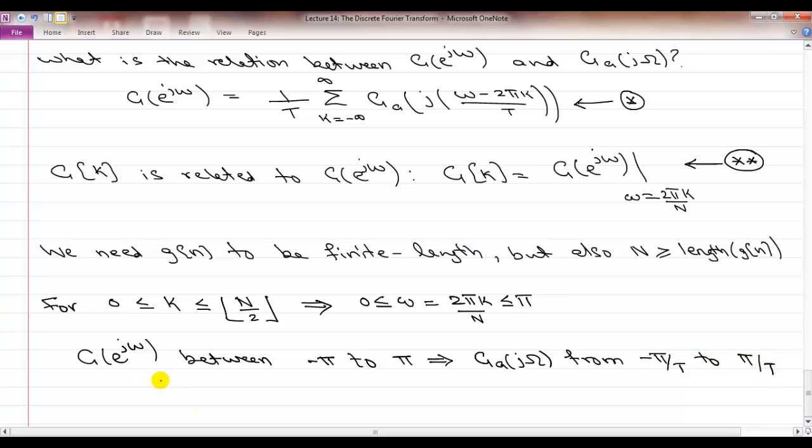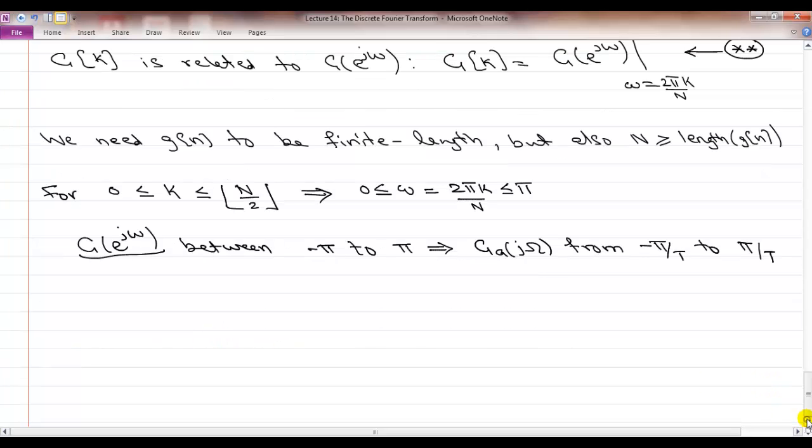How do you do that? You simply scale G_e(jω) by T and you scale the frequency axis. So since G[k] for this range is G_e(jω) between 0 and π, that is simply equal to G_e(jω) at little omega equal to 2πk over N.